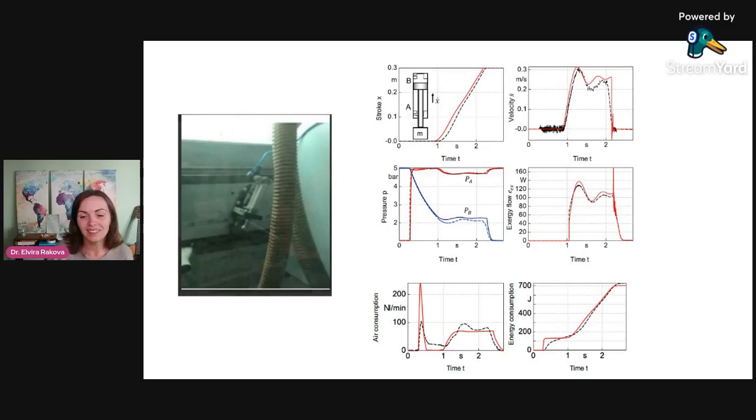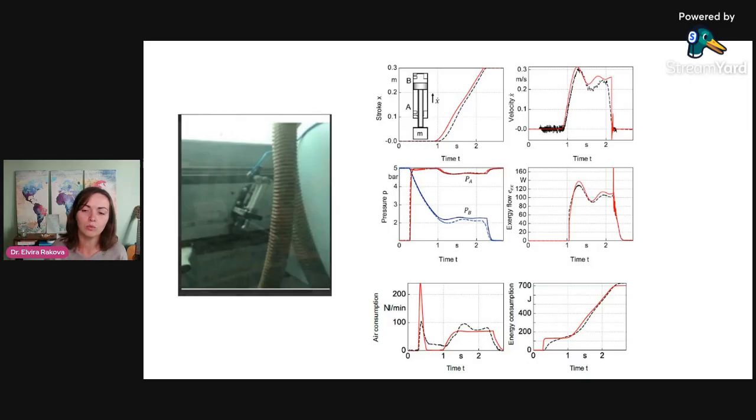And here, what is happening? We have the pressure decrease on one side of the cylinder and increase on the other side. Now in this chamber we have the supply pressure, and here it decreases, decreases, until the moment we reach the optimal pressure difference, here about 3 bar, where the cylinder overcomes all the frictions.